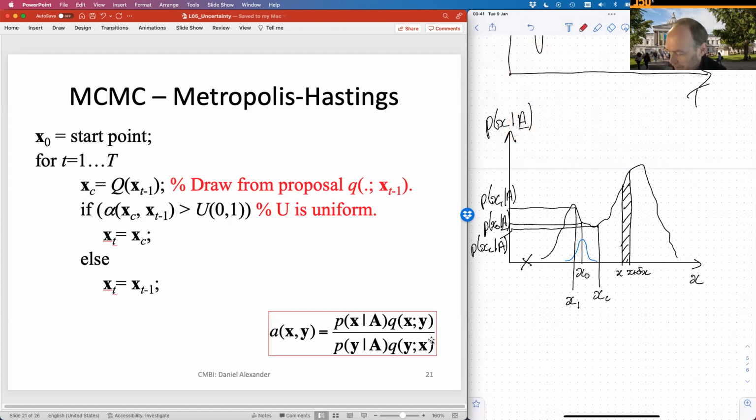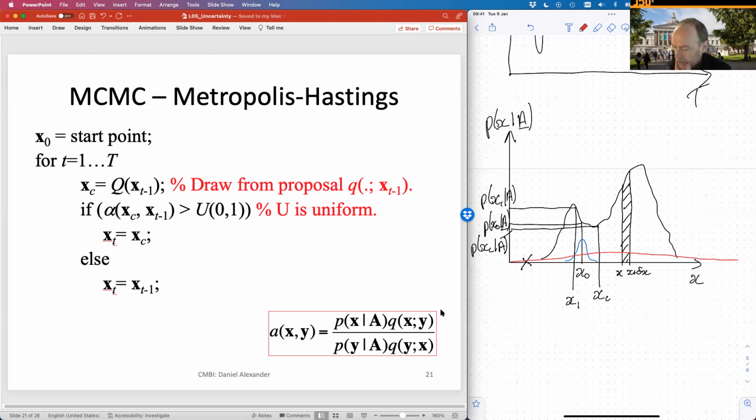I said one alternative choice for the proposal distribution might be a uniform distribution over a broad range containing the support of our distribution, and that would be symmetric in exactly the same way. However, what if we chose, rather than a uniform distribution, a very broad Gaussian distribution, which is in some ways a little bit easier to deal with than a uniform distribution, because we don't have to define the endpoints in quite such a concrete way.